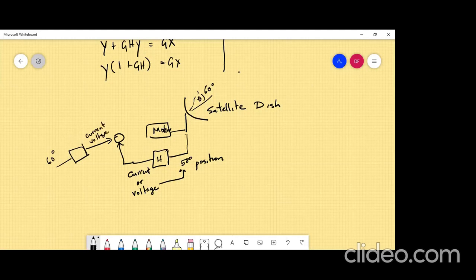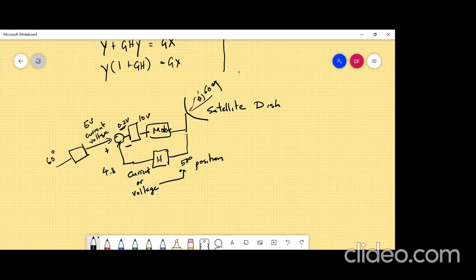So for argument's sake, the current for 60 degrees corresponds to 5 volts, and 58 degrees corresponds to 4.8 volts. Then the 0.2 volts is going to be fed to a controller that is going to multiply it so you can get the 10 volts that you need to continue turning towards the 60 degrees that you want.